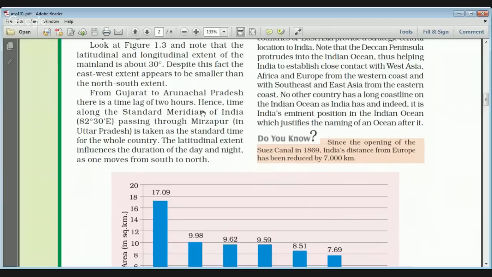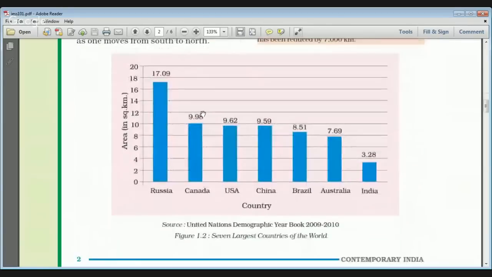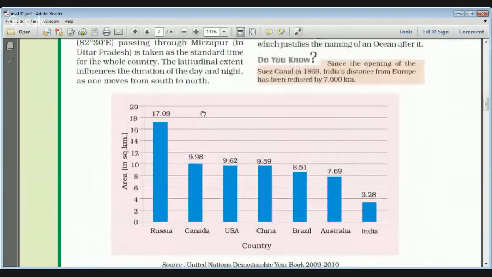Okay, and the latitudinal extent influences the duration of day and night as one moves from south to north. It means that as you stand or move close to the equator, the difference between day and night would not be seen. But as you move away from the equator, the difference between the duration of day and night starts appearing.